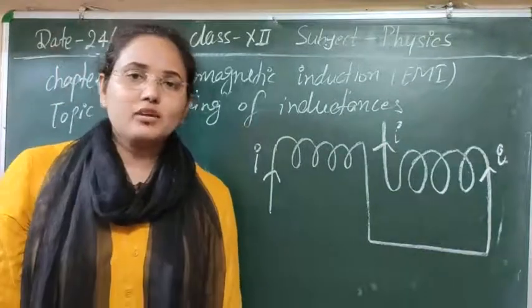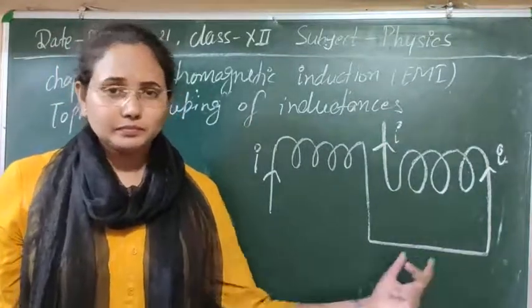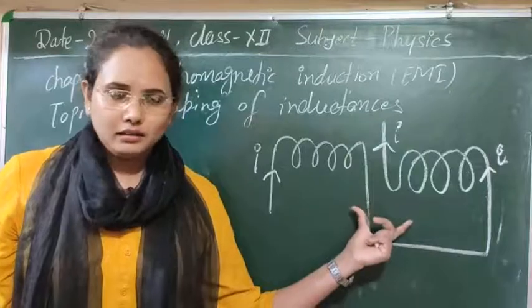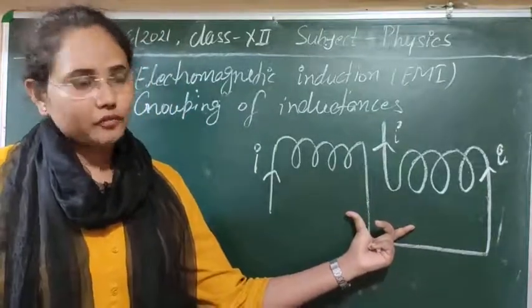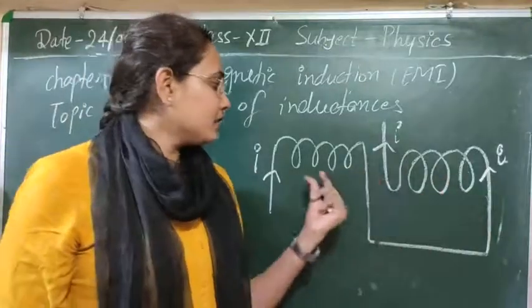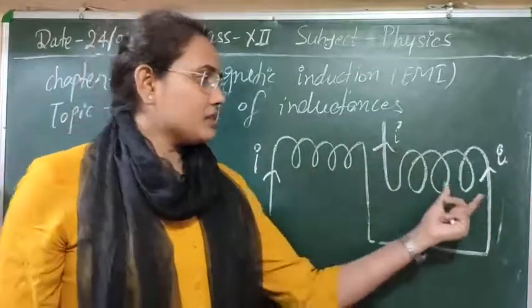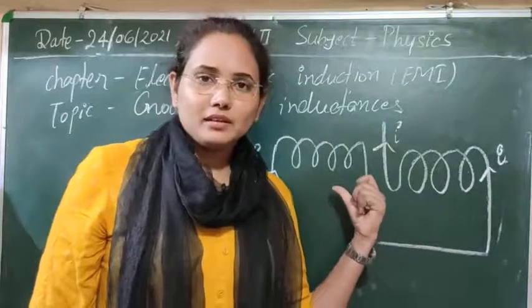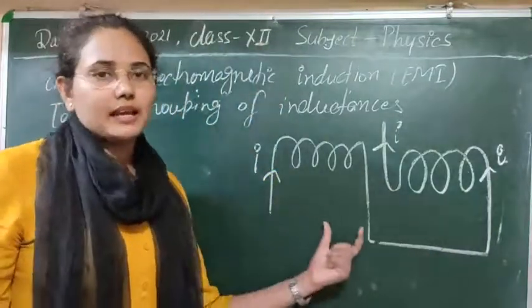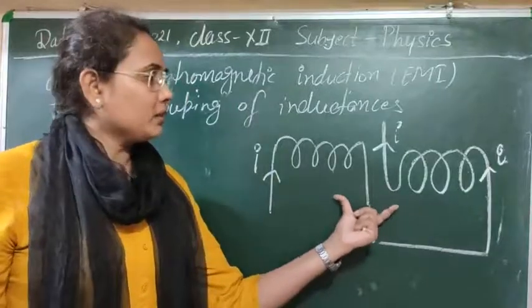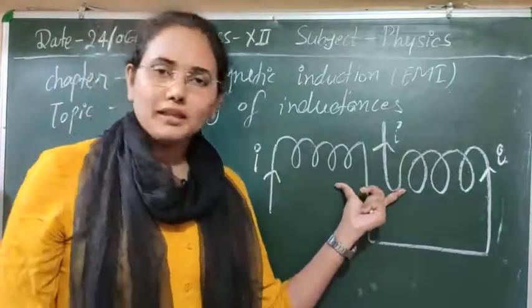So in this kind of coupling, what will be the net coefficient of induction here? What will be the L equivalent for this case, where the direction of I is different? So let's see such kind of behavior also. This is the second case, in which we couple or group the two coils in such a way.